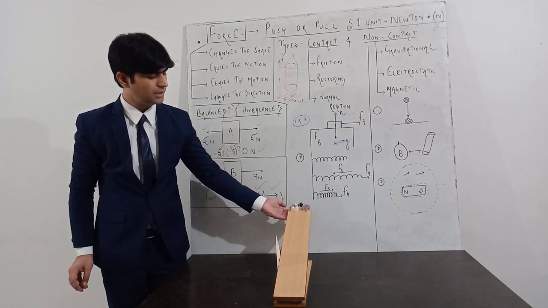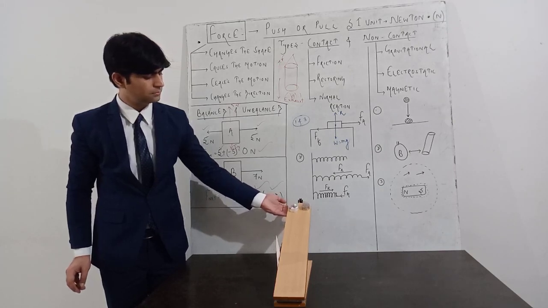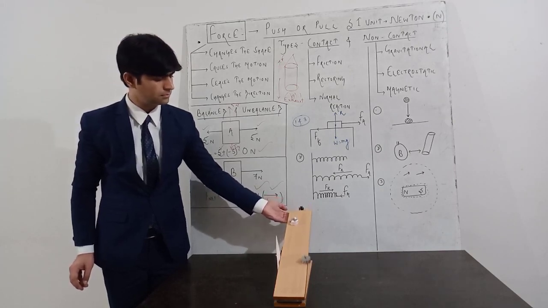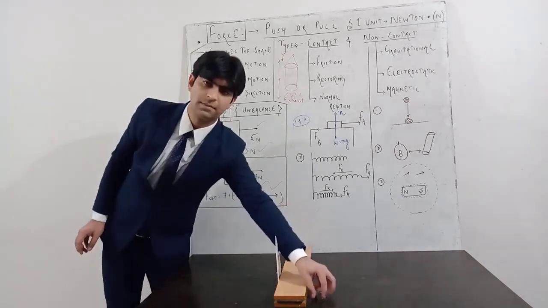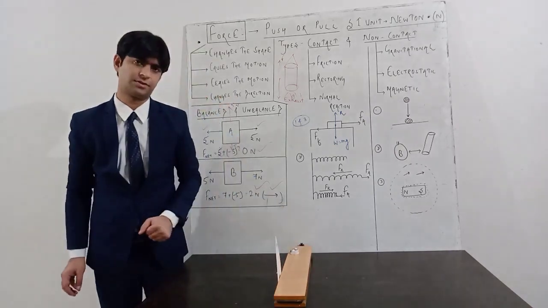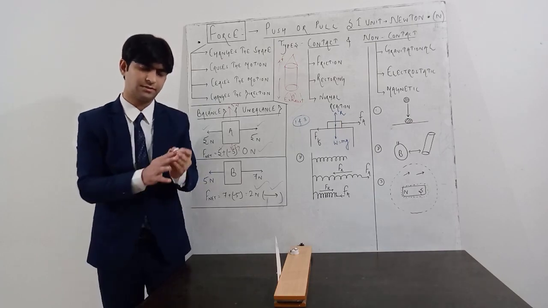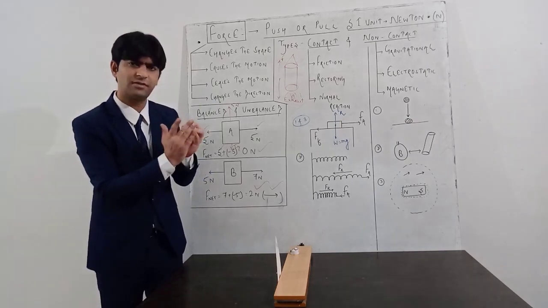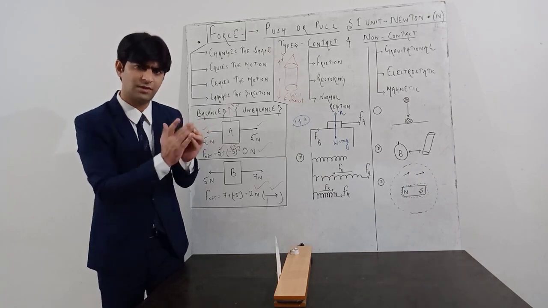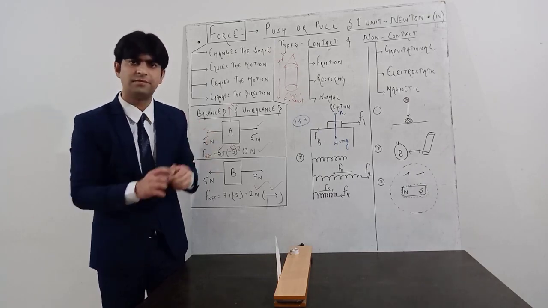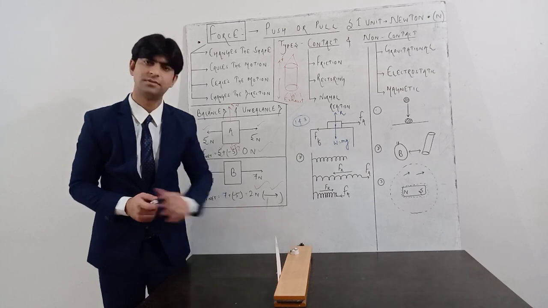I'm going to move it slowly. The plastic block has come first. So it is very clear that the plastic surface is a little smooth. That's why it came first as compared to the paper.